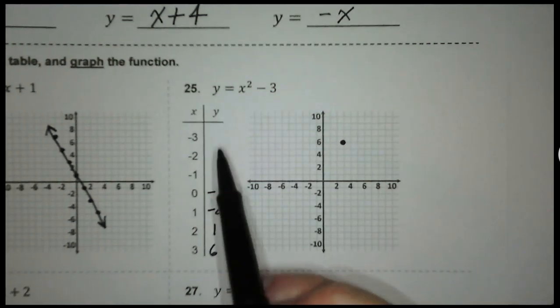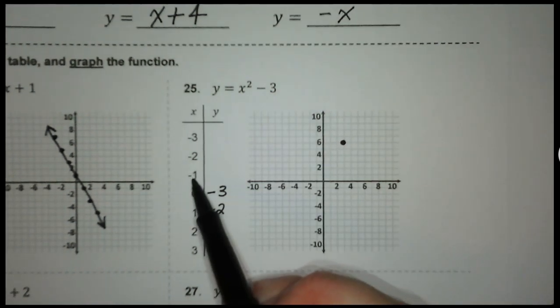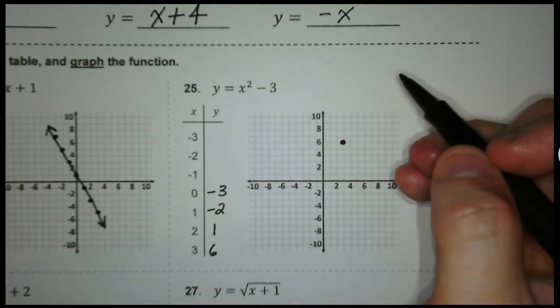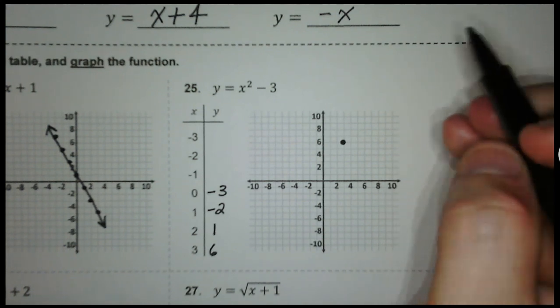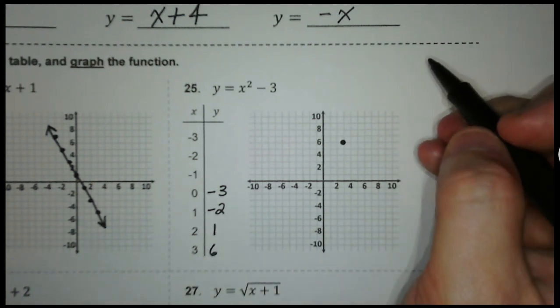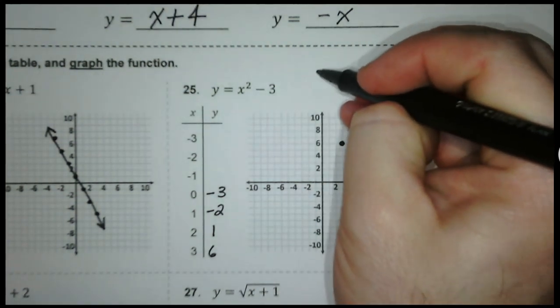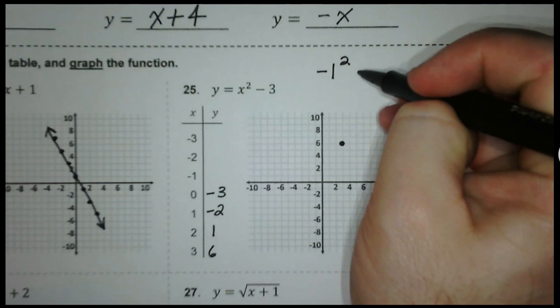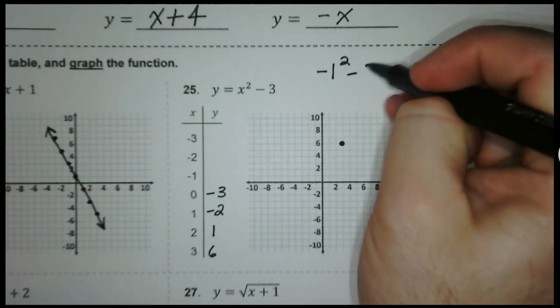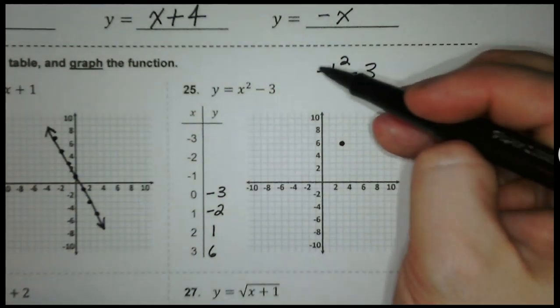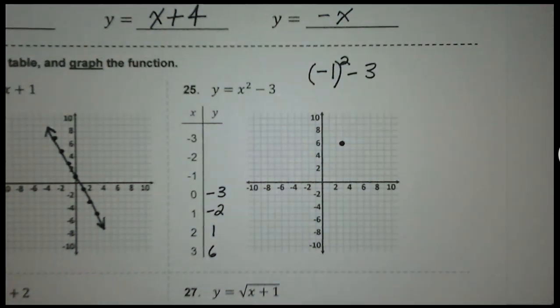Now, okay, here we go. Pay attention. If you plug in -1, be very, very, very careful here. Because if you have a calculator at home, and you just type it in as -1 squared minus 3, that's going to give you the wrong answer. If you're typing this into your calculator, you need to square the entire -1.